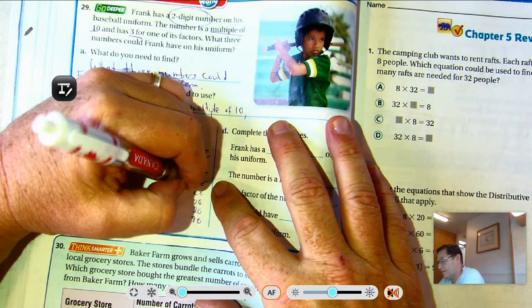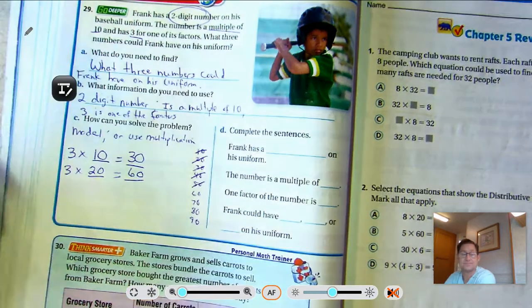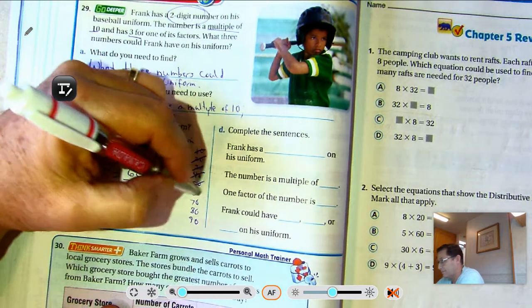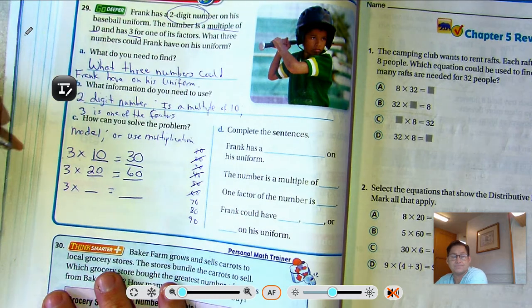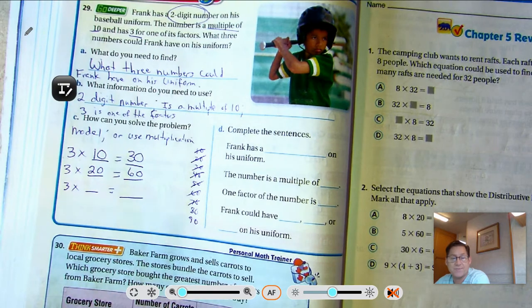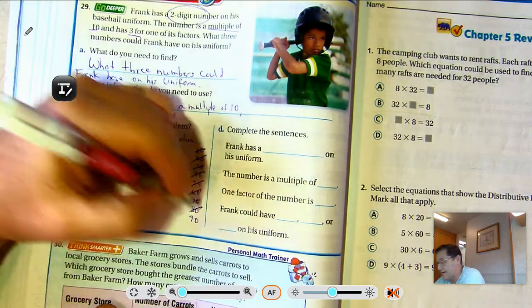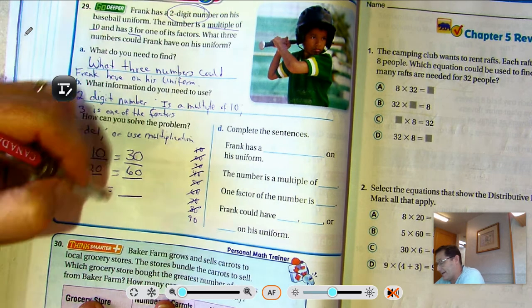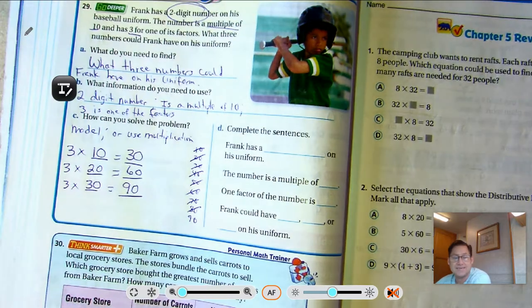No. 3 times 20, though, would give me 60. Okay, I can't multiply 3 by anything to get 7. I can't multiply 3 by anything to get 8, but I can multiply 3 times 30 to get 90.